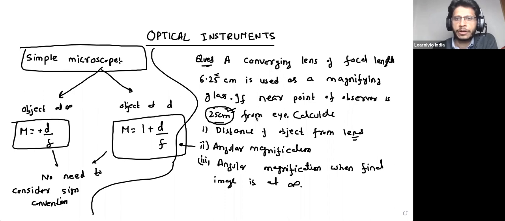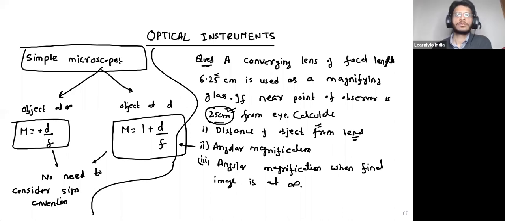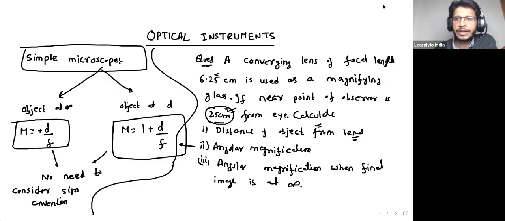Okay, let's start with part one. Your second part, no, not even second is correct. See, for the first part, you need distance of object from the lens, object distance.